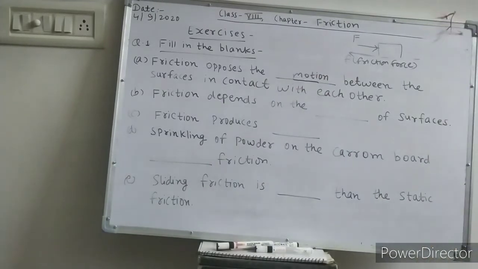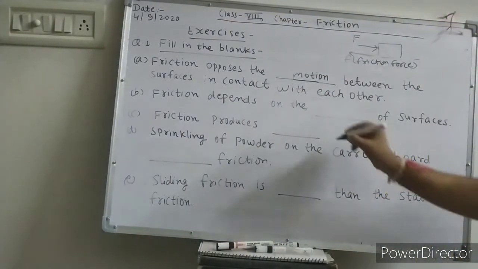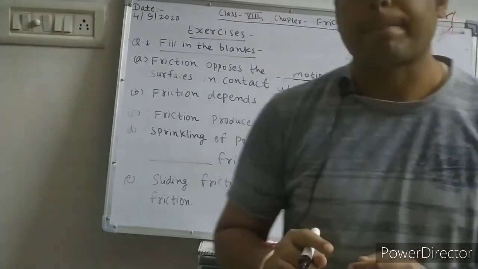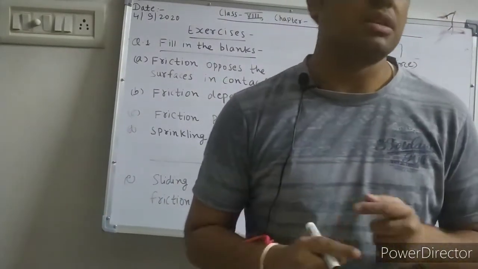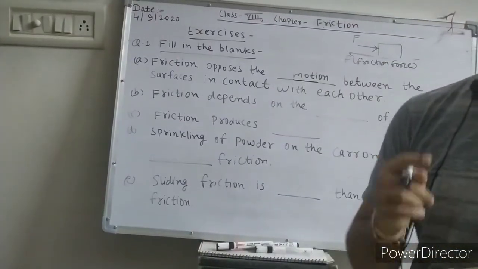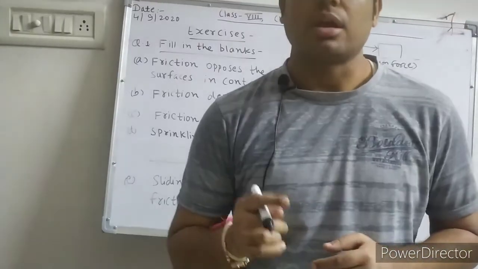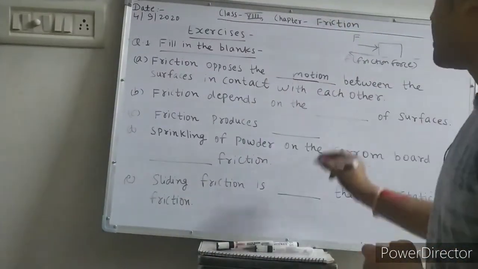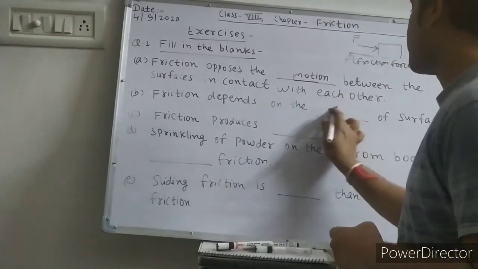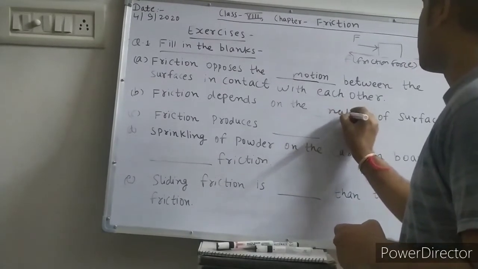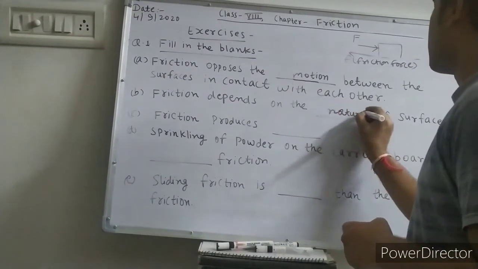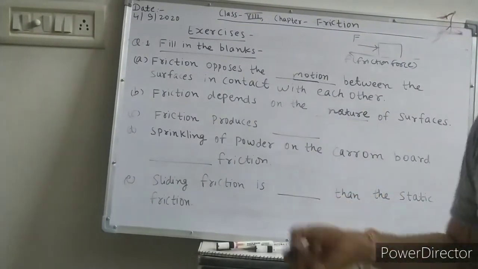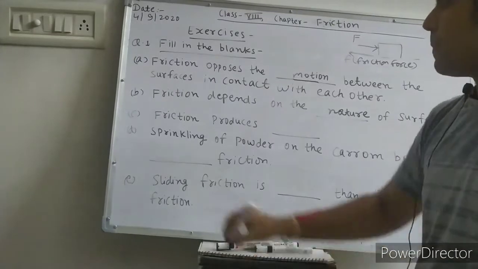Next question, friction depends on the dash of surfaces. See, if the surface is smooth, friction is less, and if there is a rough surface, friction is more. So it depends on the nature of surfaces, whether it is rough or smooth.